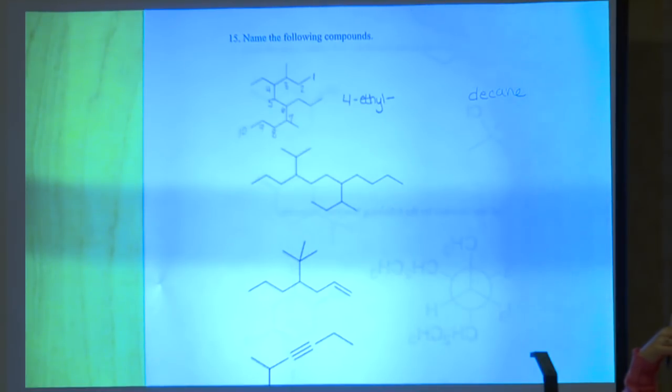Good. So our di, tri, that stuff will not factor in. What does factor in? Okay, but what else? Iso, what else? Tert. Yeah.